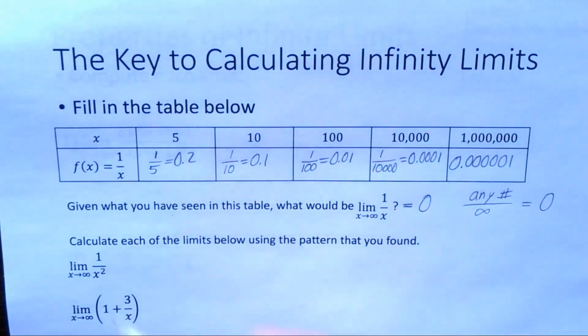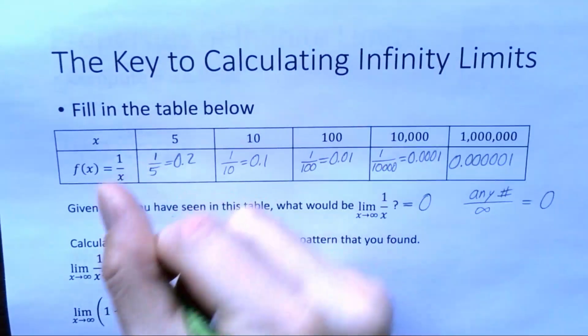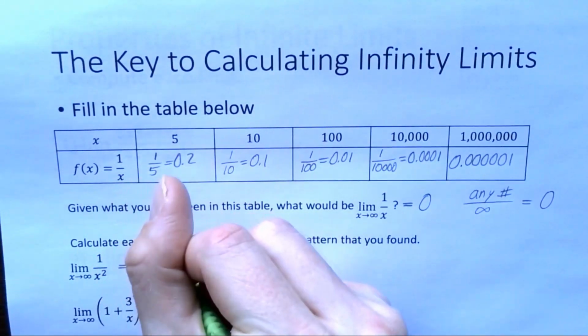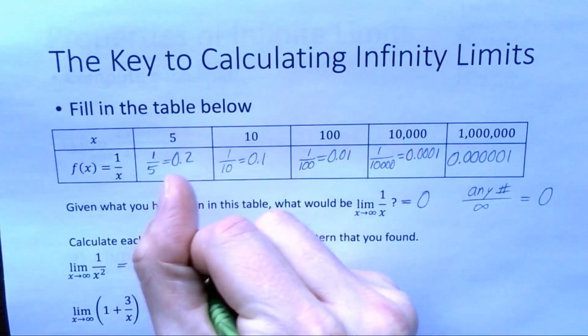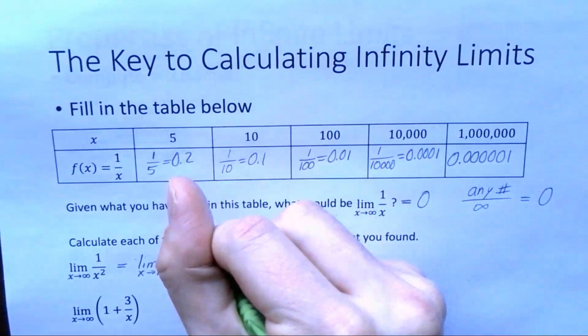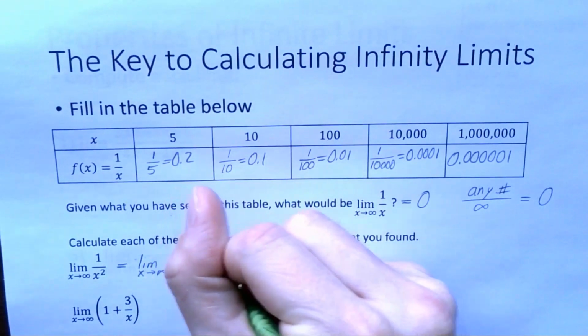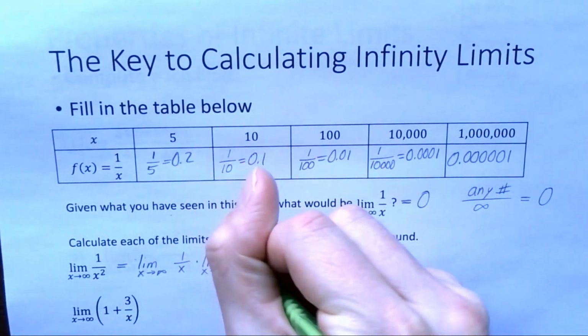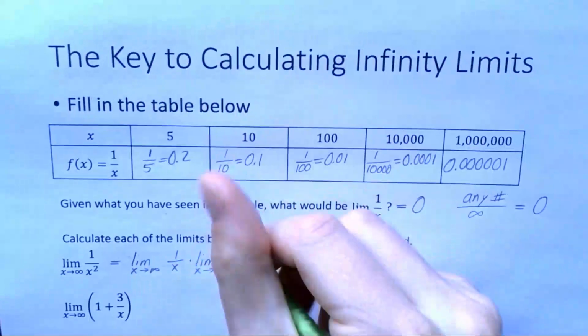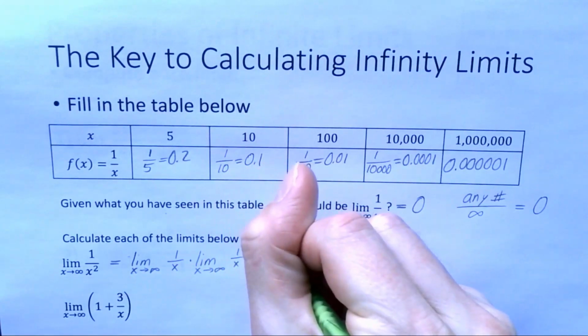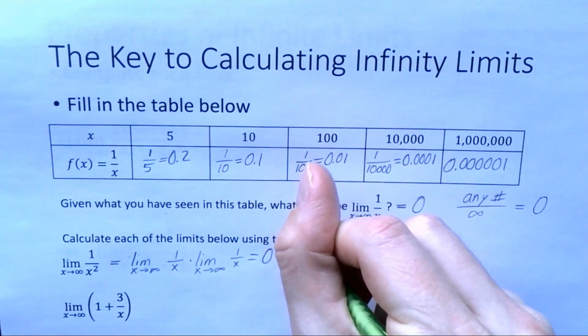I could rewrite this as the limit as x approaches infinity of 1 over x times the limit as x approaches infinity of 1 over x, because 1 over x times 1 over x is 1 over x squared. Doing that would give me 0 times 0, which is 0.